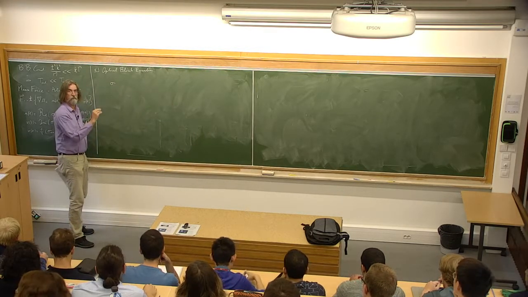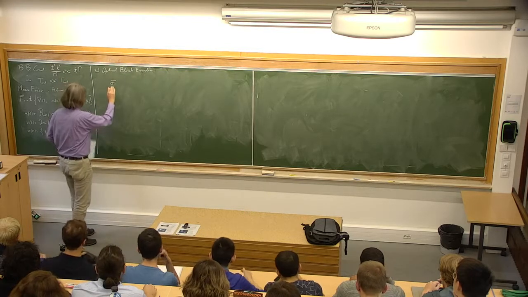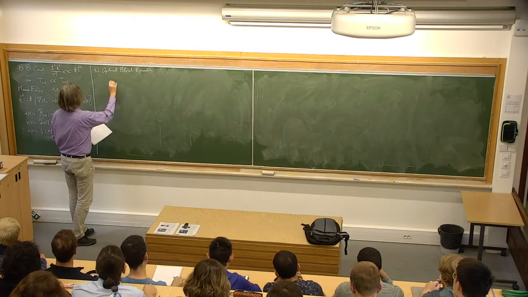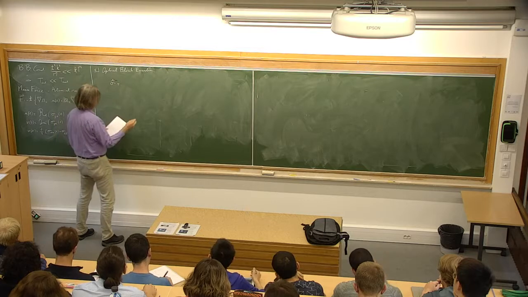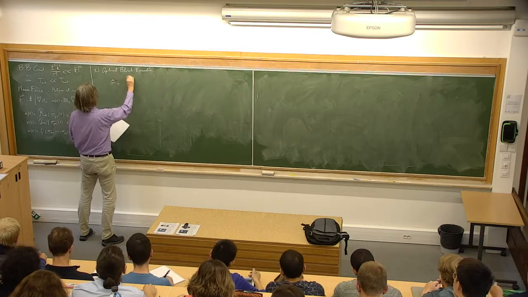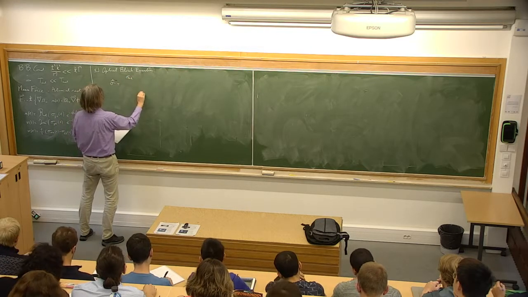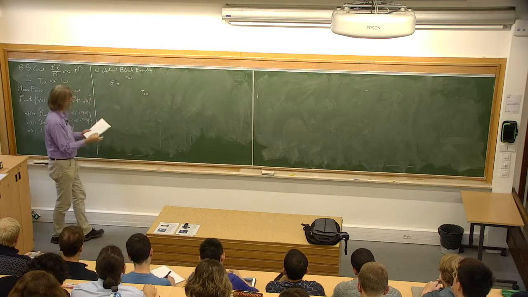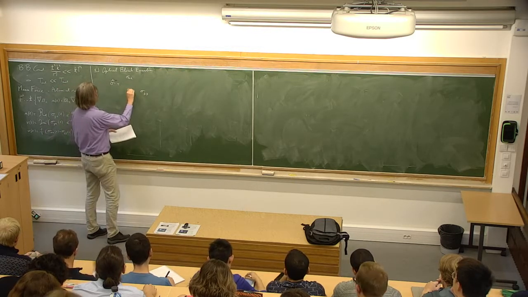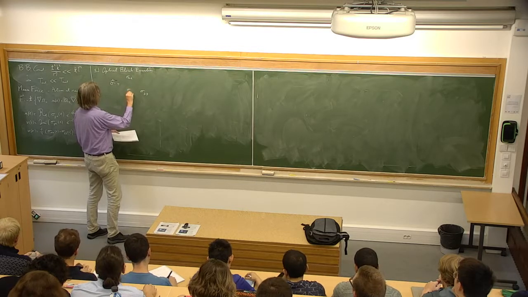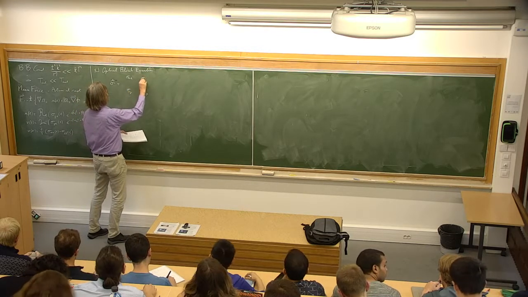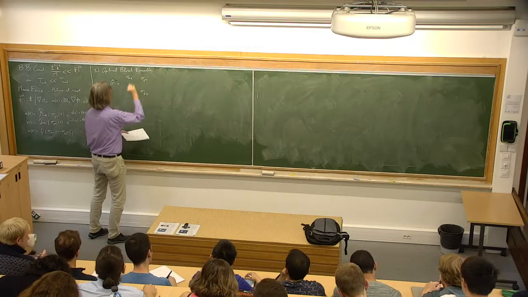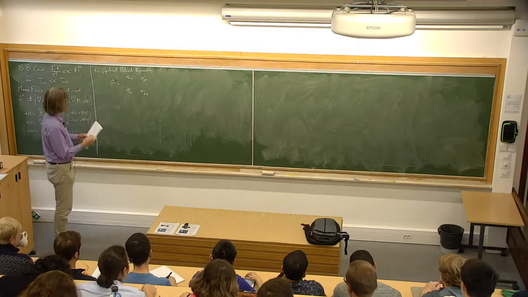So this operator has in the diagonal the population of the ground state and of the excited state, and the off-diagonal elements are the two optical coherences between the ground state and the excited state.